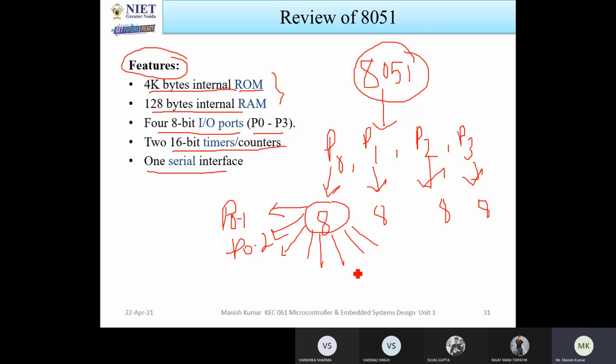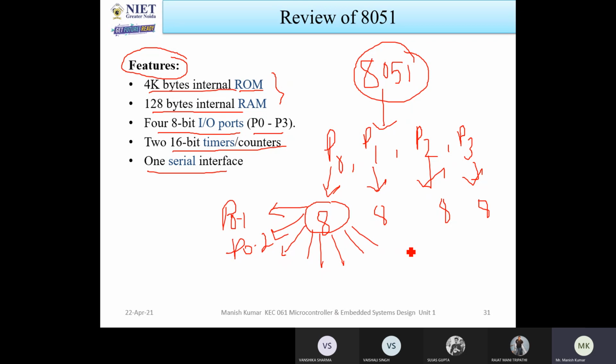So in this way, there are totally 8 different pins. The same is true for port 1: if you separate the pins, you can call them P1.0, P1.1, P1.2, P1.3, P1.4, P1.5, P1.6, P1.7. In this way, we categorize the port into individual pins.